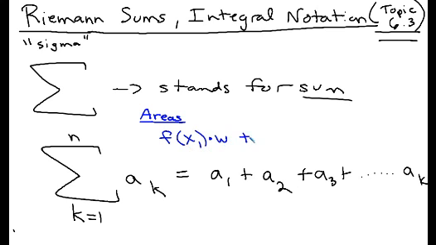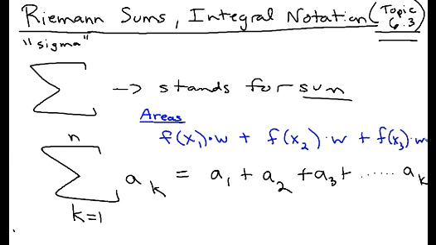And then we added it to the function value at the left edge of the next rectangle. We'll call that x sub 2. And we multiply that by the width. And then we did the third rectangle, and we did f of x sub 3, times the same width.